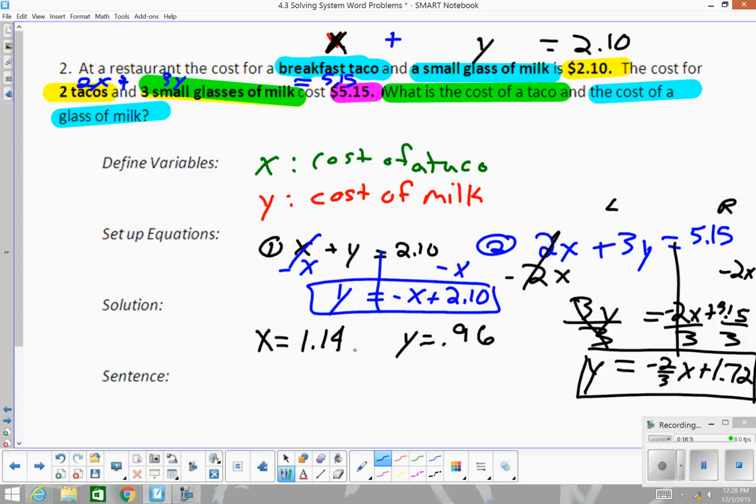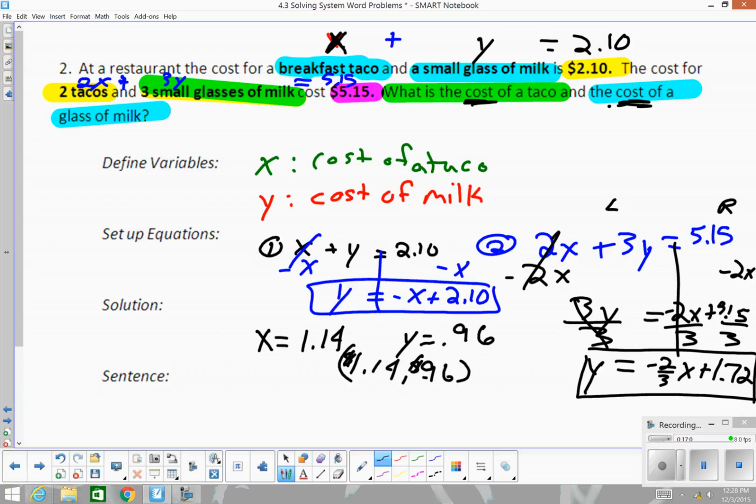So the ordered pair is 1.14 comma 0.96. Now remember what this is actually talking about. This is talking about cost. So these are actually dollar amounts. So that's $1.14, and that's actually 96 cents.